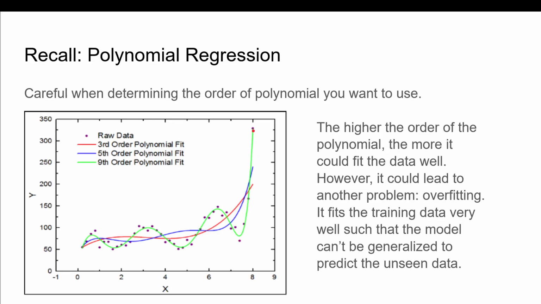But sometimes it could lead to another problem, which is overfitting. It fits the training data very well, but unfortunately the model cannot be generalized to predict unseen data. So that's a big problem. You want to avoid overfitting and underfitting in your polynomial regression.